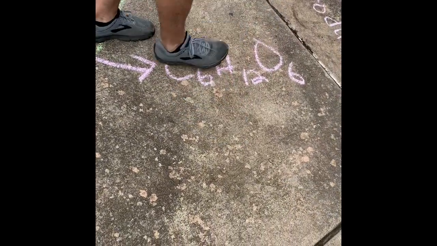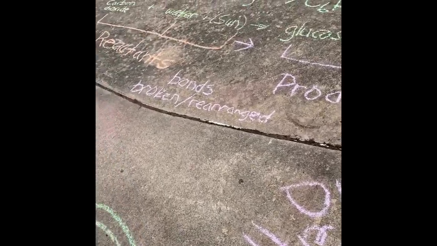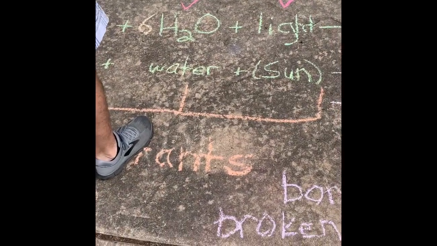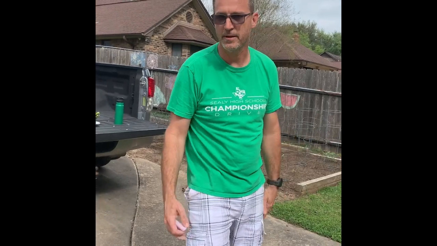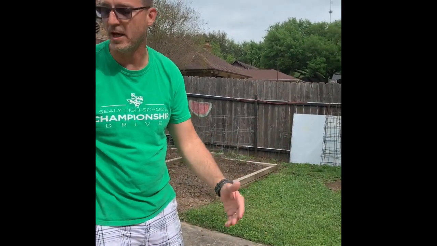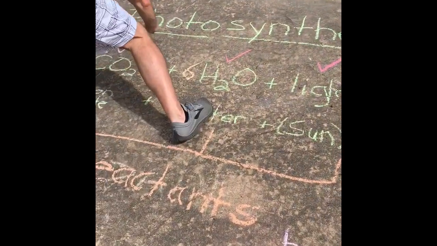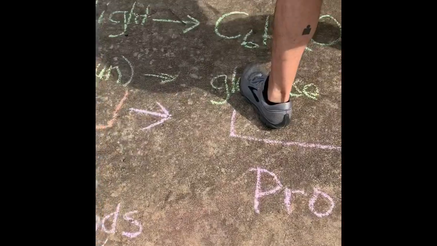So if we go back and review our equation, okay, in the light reactions, we got light, water, and oxygen. In the, sometimes referred to as the dark reactions, but they don't happen in the dark, they happen in the light as well. They just don't require light. The light independent reactions, we take CO2 and we end up with glucose.